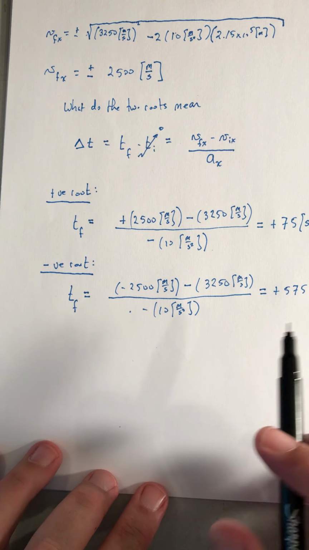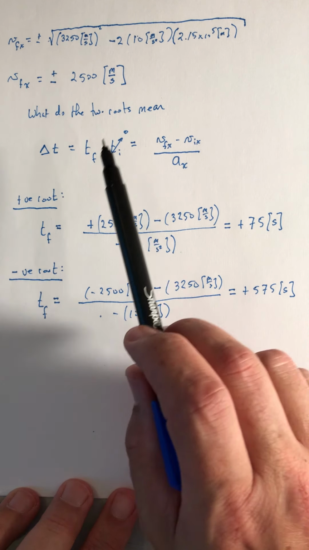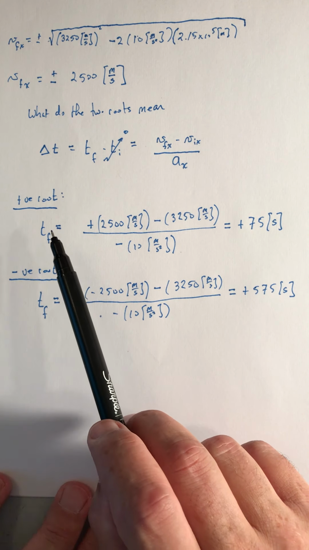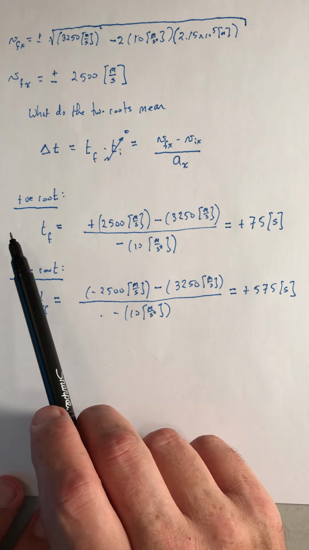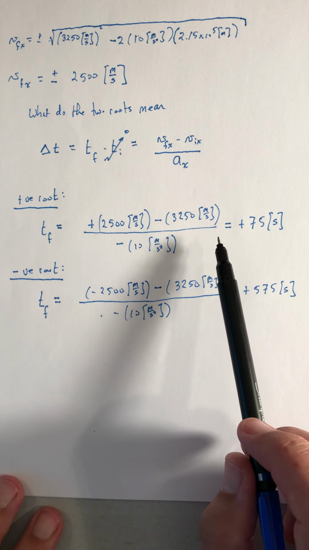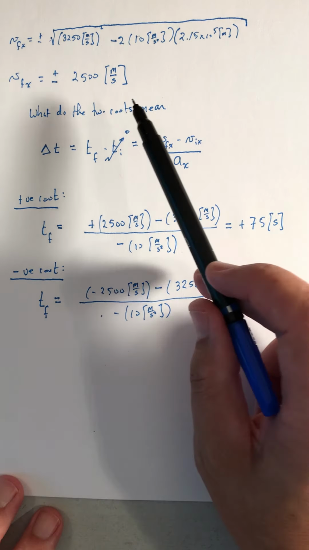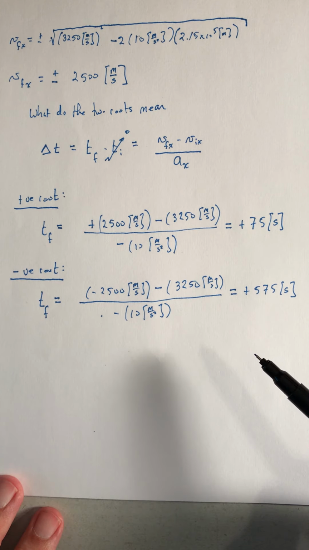So here's the story of what happens. The spacecraft is going to first pass the point of a displacement of 215 kilometers going to the right at plus 2,500 meters per second.